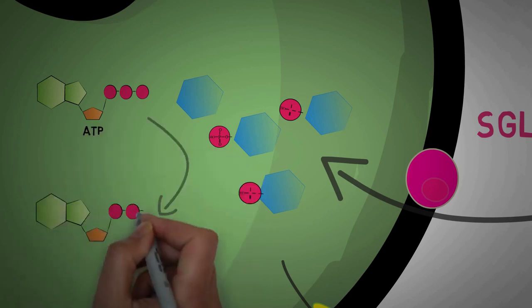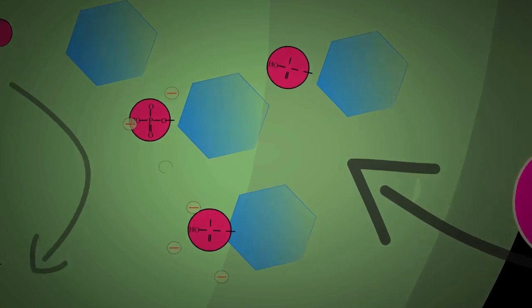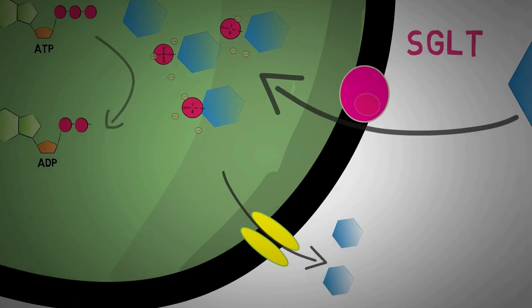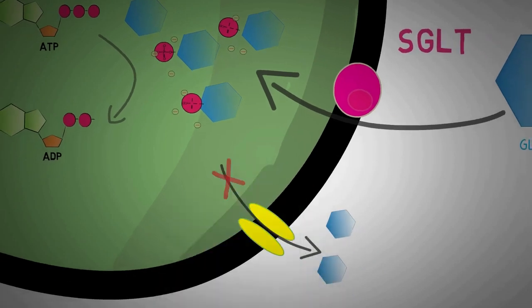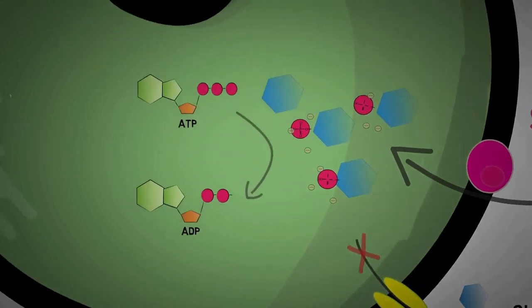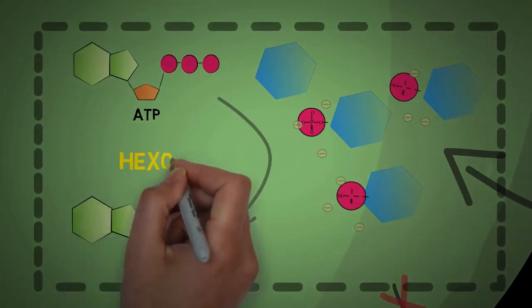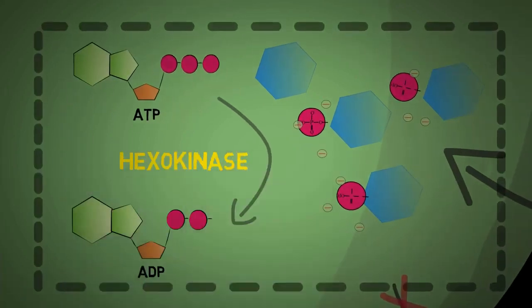This phosphate is provided by ATP and it gets converted to ADP. This makes the glucose molecule highly polar, and as you know, polar molecules cannot cross the cell membranes easily, so glucose gets trapped inside the cells. This step is irreversible and is performed by the enzyme hexokinase.